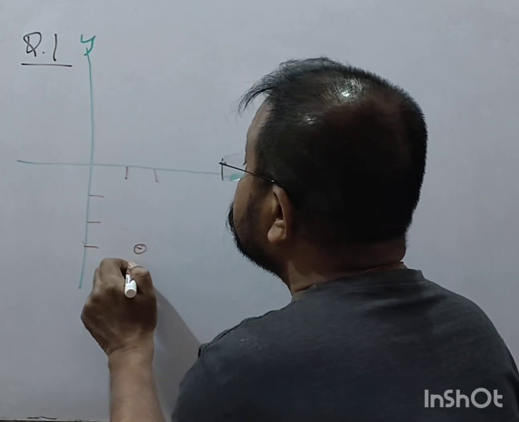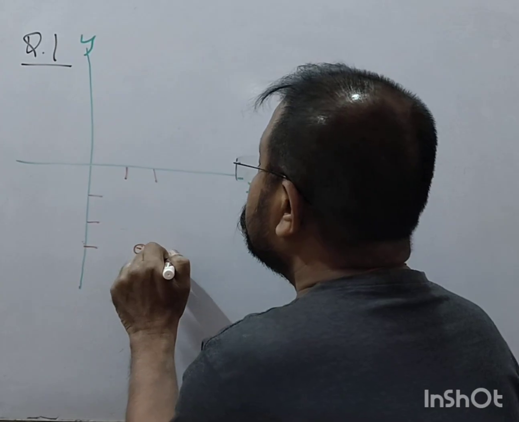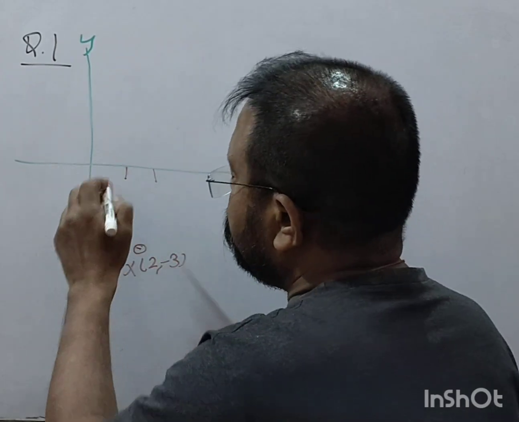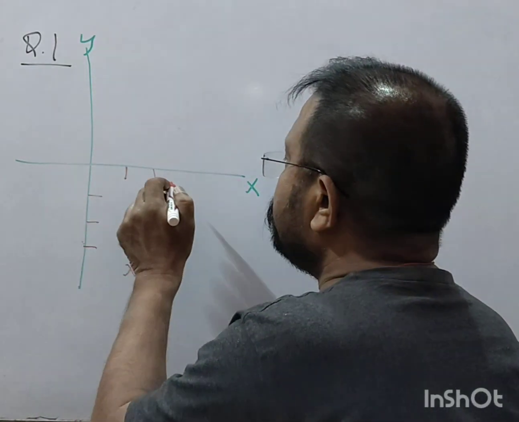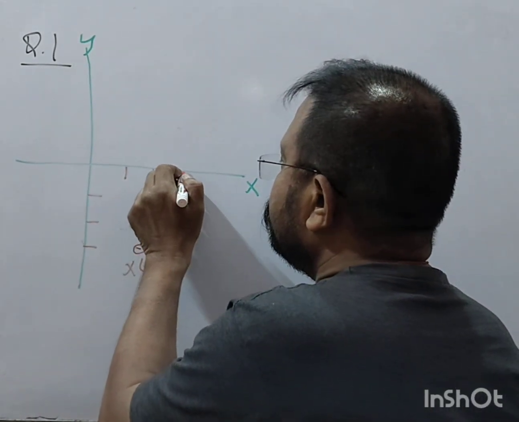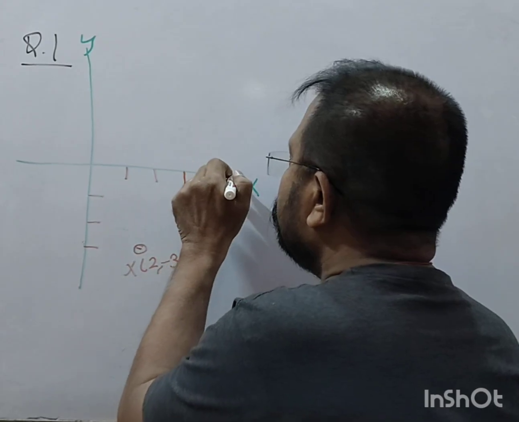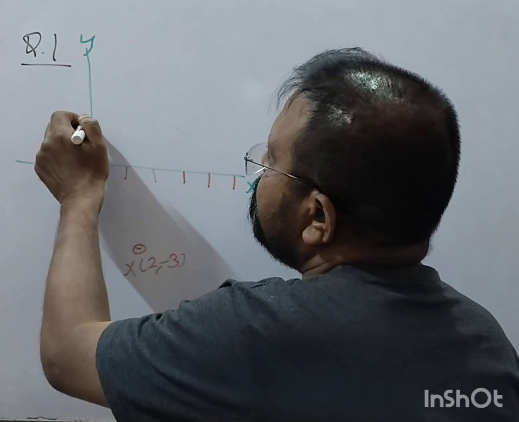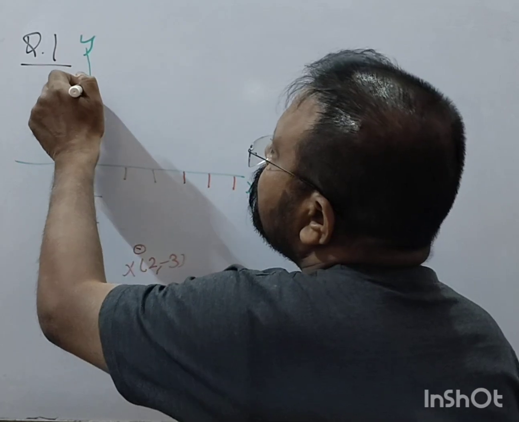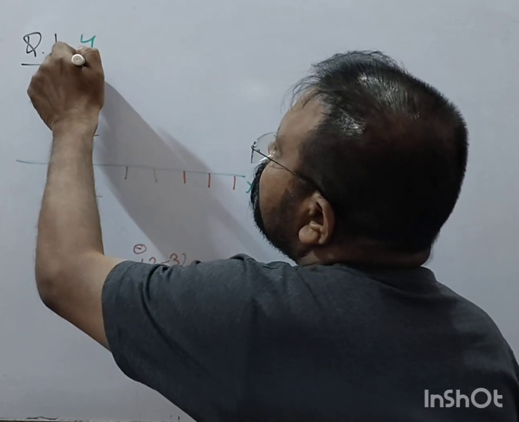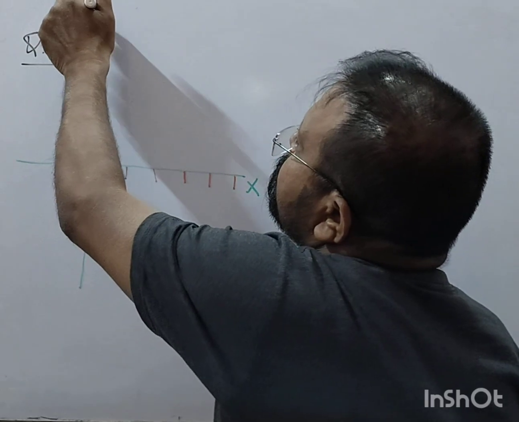So this is X, 2 comma minus 3. Then we have Y, 5 comma 6: 2, 3, 4, 5, then up 1, 2, 3, 4, 5, 6.